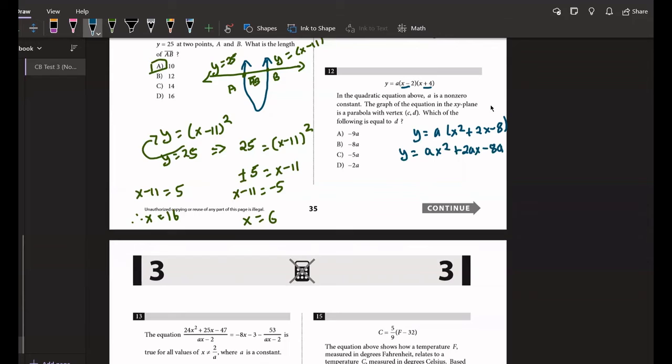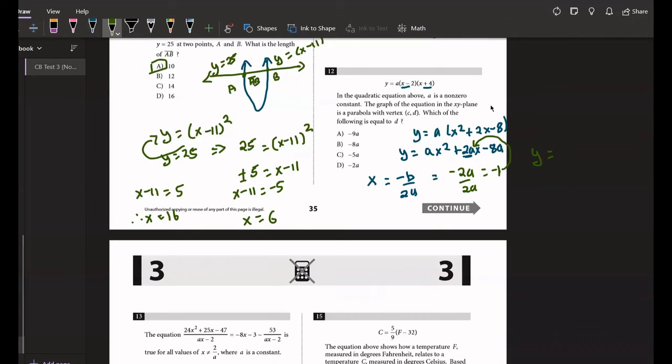To find the x coordinate of the vertex, we use this formula, negative b over 2a, which is the second term, 2a. So you are supposed to do the negative of that. So that will be negative 2a over 2a, so that's negative 1. So the x coordinate is negative 1. You input that x coordinate into this equation in place of x to find the y coordinate.